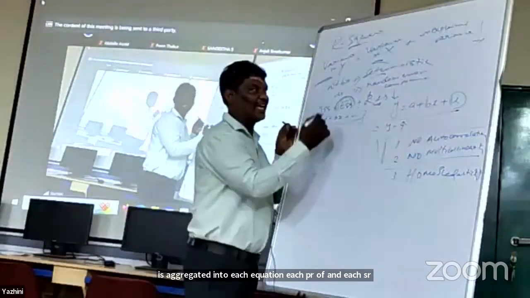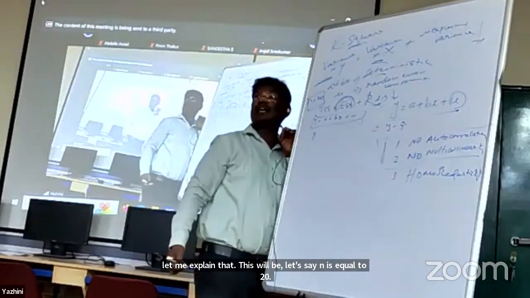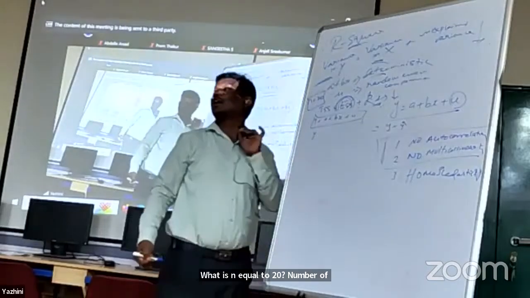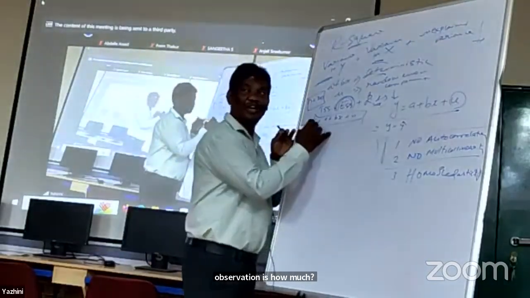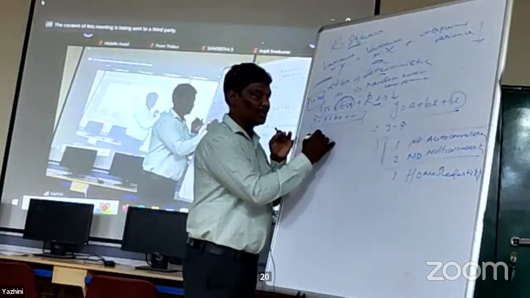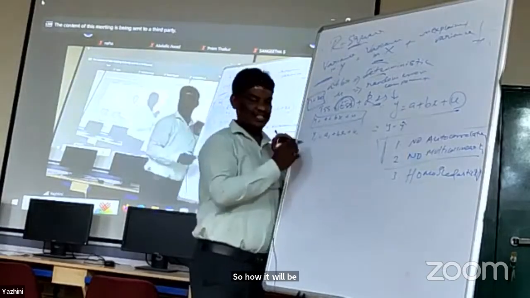Let's say n is equal to 20. What is n equal to 20? The number of observations is 20. Or 30, or 20, whatever it is. So how will it be split? Y1 is equal to A1 plus B1X1 plus U1. This is for the first observation.